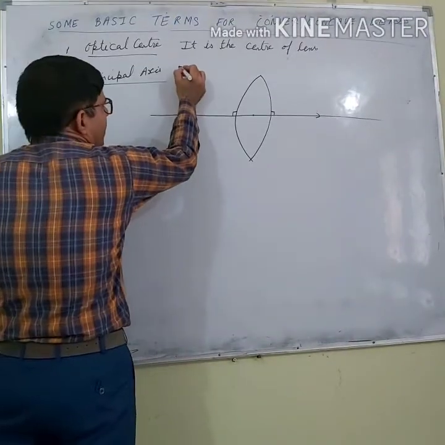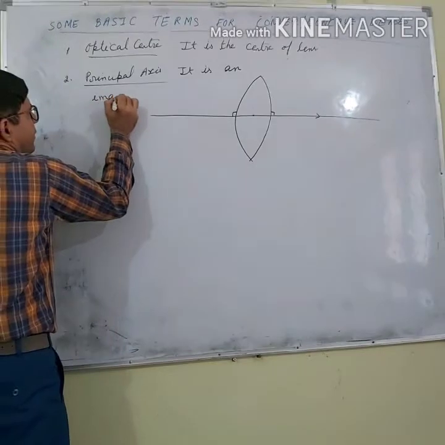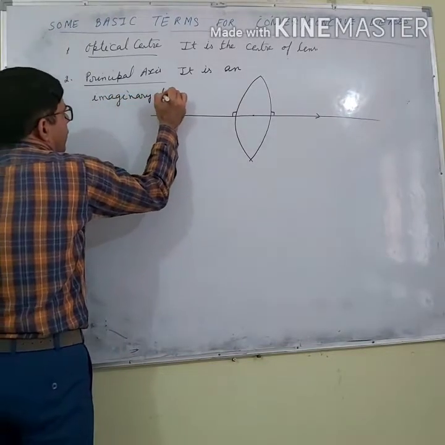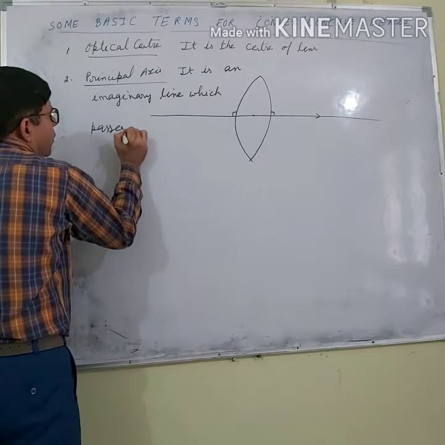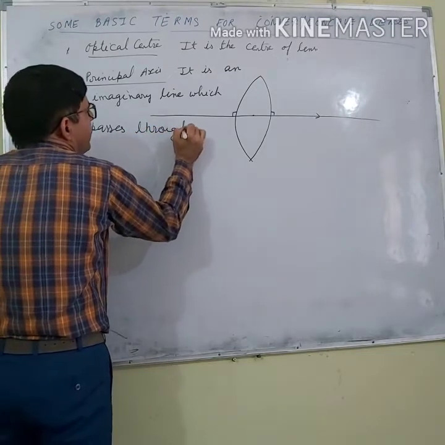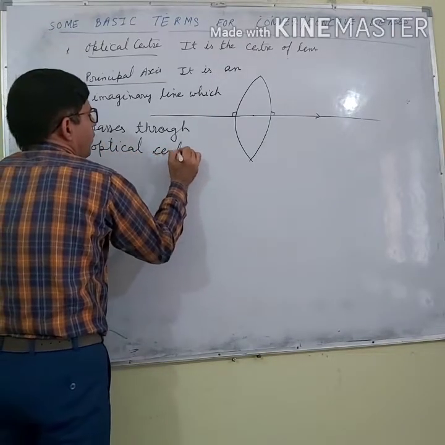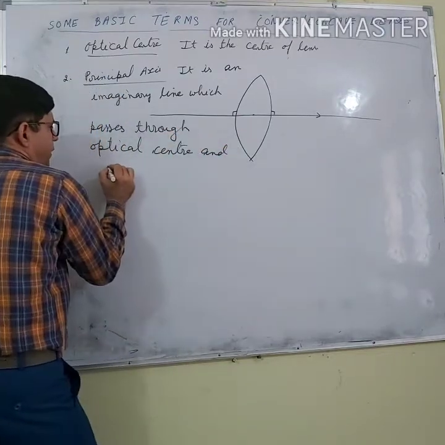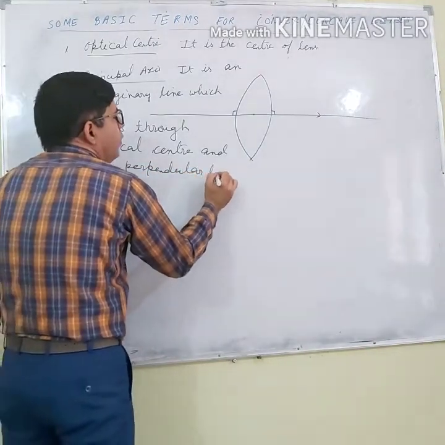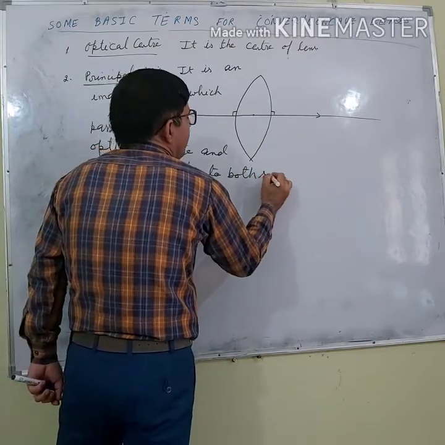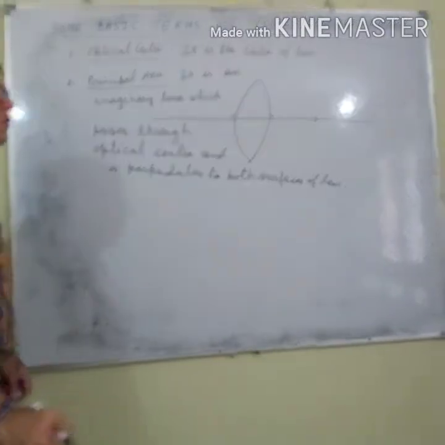So how can we define the principal axis? It is an imaginary line which passes through the optical center and is perpendicular to both the surfaces of a lens.